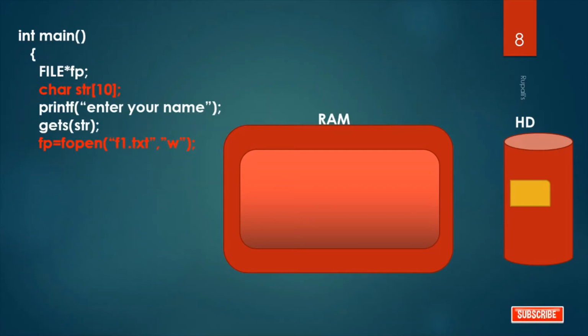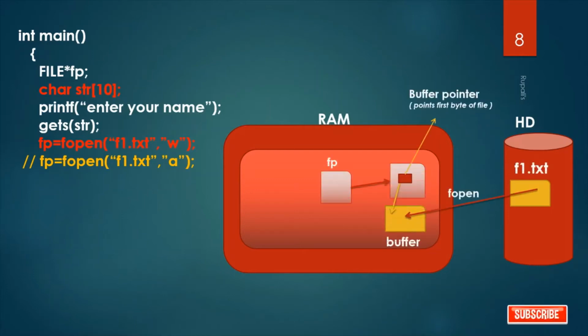And if the file does not exist, then it will create a new file and start writing from the beginning. You can also open it using append mode. Append mode means if the file does not exist, it will create a new file and start writing from the beginning. And if the file exists, then it will not erase the old content, just write after the previous content.